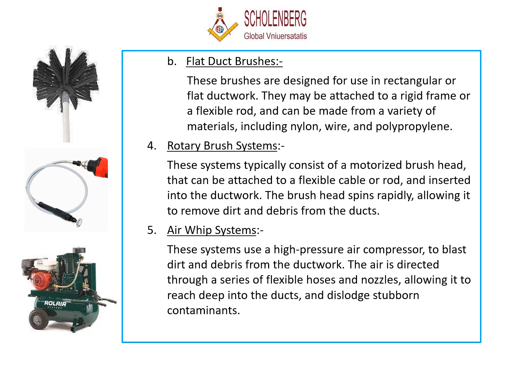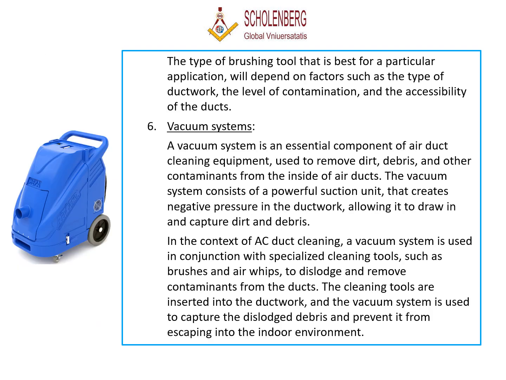The air is directed through a series of flexible hoses and nozzles, allowing it to reach deep into the ducts, and dislodge stubborn contaminants. The type of brushing tool that is best for a particular application will depend on factors such as the type of ductwork, the level of contamination, and the accessibility of the ducts.